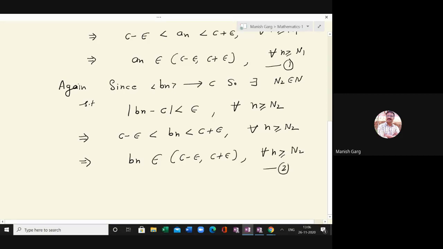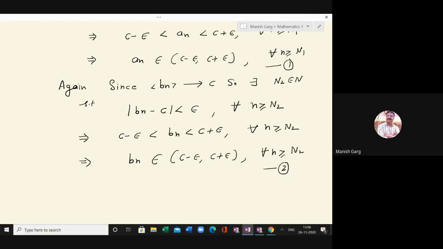This is true. Now here equation 1 is true for all n greater than n1 and equation 2 is true for all n greater than n2.